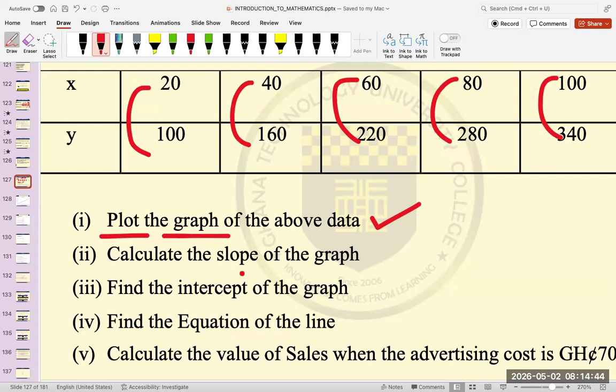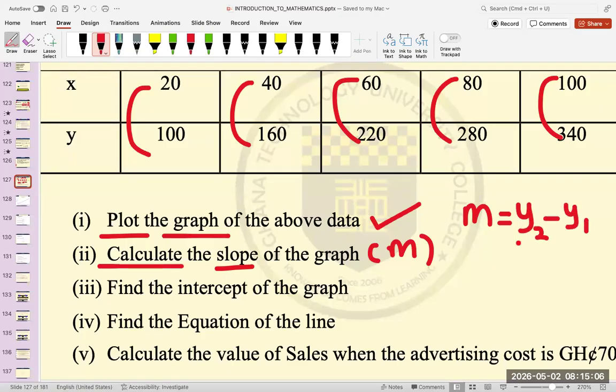Then after the plotting, we are asked to calculate the slope, m. And you know the formula we use when we are calculating m. We use y2 minus y1 over x2 minus x1.